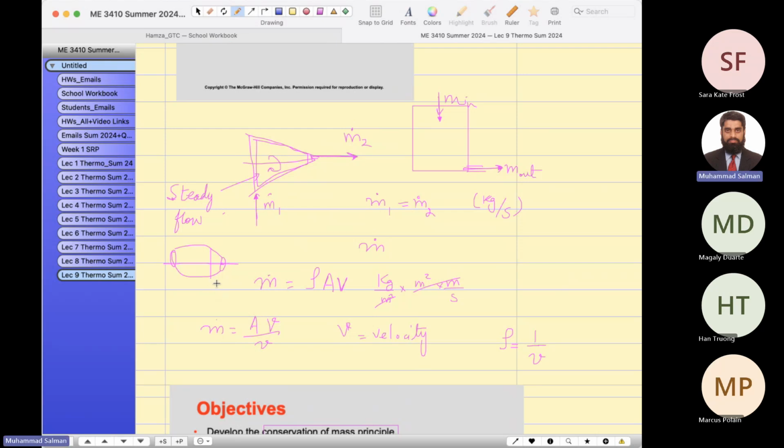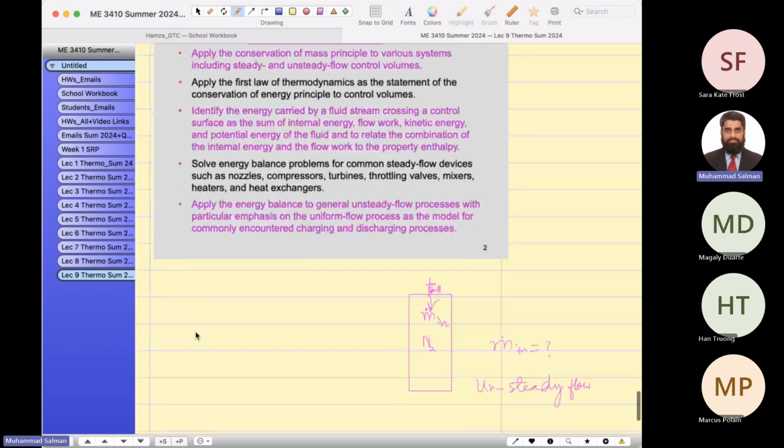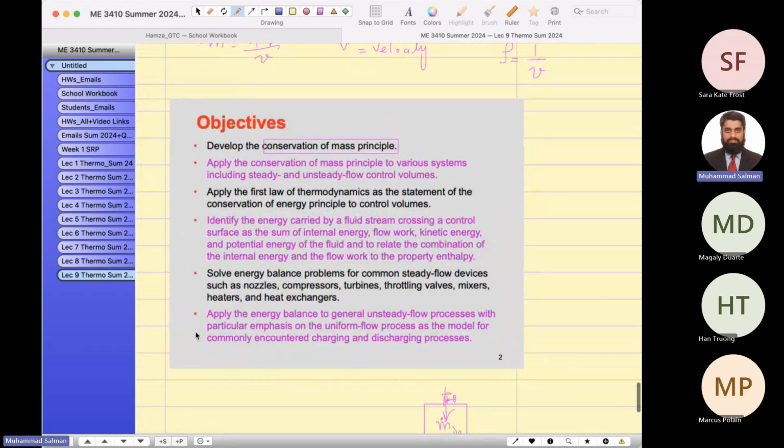I'm sorry, it should have been like the engine: compressor, combustion chamber, turbine.